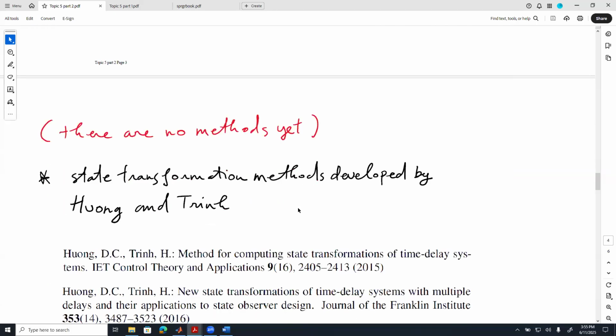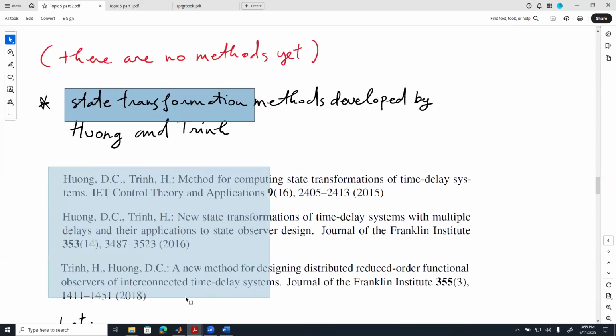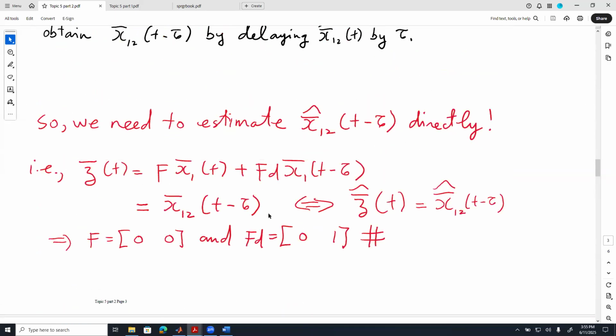I also like to mention that in the literature, there are some methods that use a transformation developed in the following reference that allow us to estimate this delay stack vector or delay stack variable.